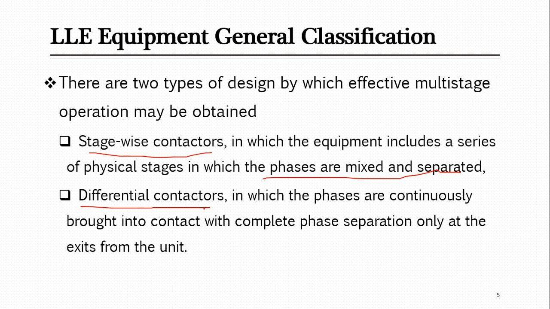Such equipment are differential contactors, in which mixing as well as separation take place in the same equipment. They don't have different stages, like a separate mixer and then a separate settler for the two phases.